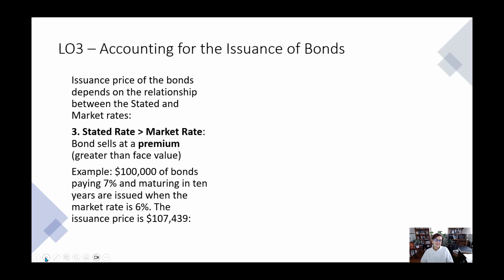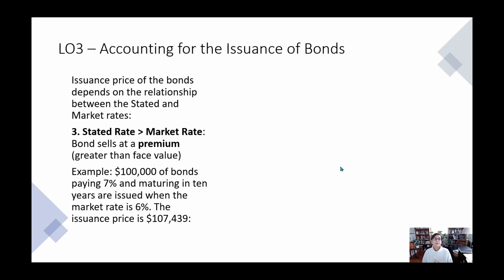Okay. So let's look at the third example now, and that's when the stated rate is greater than the market rate. In this case, imagine that the company says to you, I'm going to pay you 7% on your $1,000 investment. And you're like, okay. But then the market is only paying 6%.